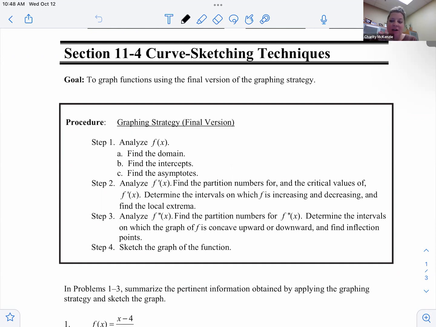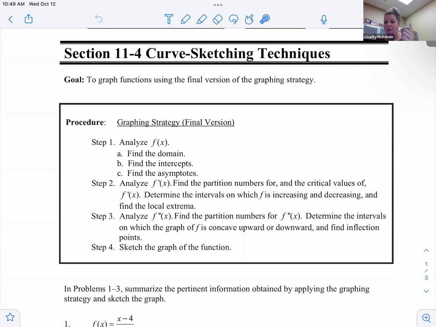So when we look at an equation, we should still be able to use those graphing tools that we were taught before this course. Okay, so look at this list up here for step one. Analyze that. Like, what is the domain? What are the intercepts? Are there asymptotes? We should have a general idea of what the graph looks like. If it's an x squared, we should know it's a parabola, U-shaped, right?